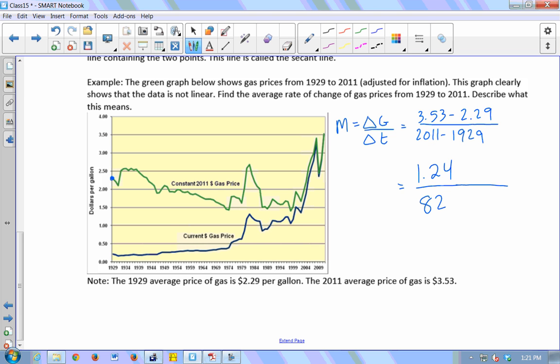Okay. And your units on the 124, that's in dollars, right? That is the change in price. So gas went up by $1.24. And 82 is your change in years. 82 years have passed.